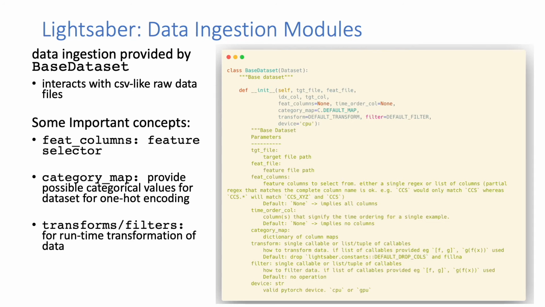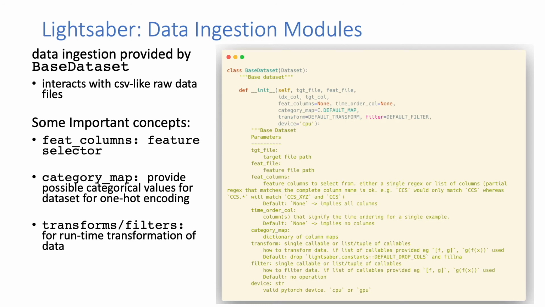Some of the key concepts involve selecting features through the feat columns argument, which can accept either a list of features or a regex, or even a hybrid approach where some of the features could be provided with a list of features, some of them could be provided with partial regex.